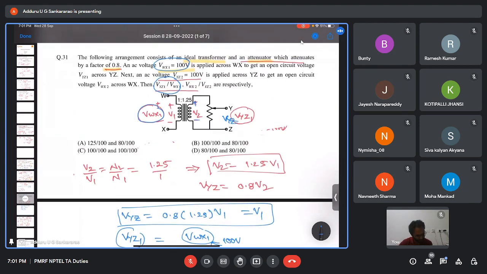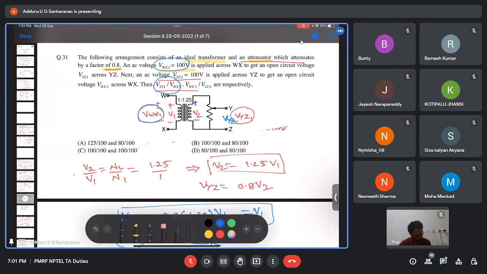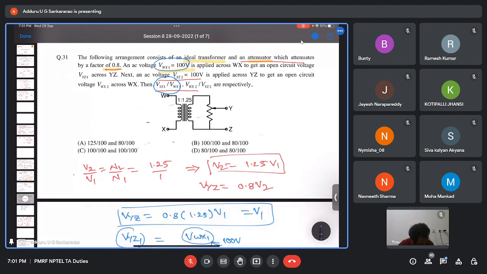Now the second case they are asking: when Vyz2 of 100 volts is applied here, what is the voltage here, let us say Vwx2? The ratio they are asking.